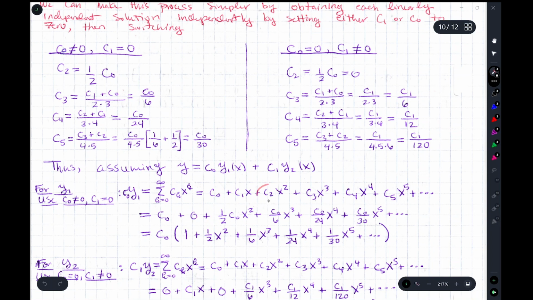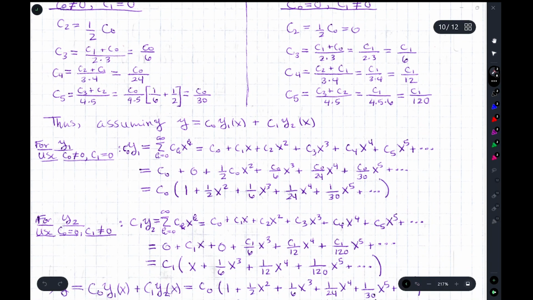So here we get, for example, C0 is just C0, we assume it's not 0. C1 is 0. C2 is 1/2 C0. C3 is C0 over 6, and on and on. And this forms one of our linearly independent solutions.